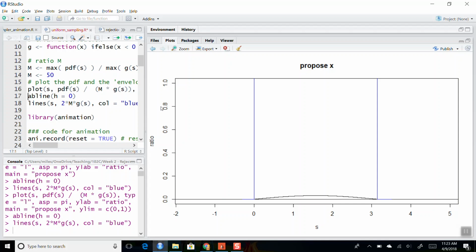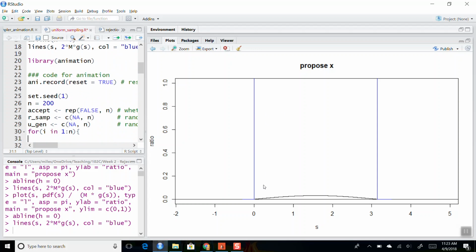Okay, so this is what it looks like, and basically I'm only going to accept if my u ends up below the curve. In the long run, it'll work. But what's happening is 99% of the values I propose are going to be rejected. That's the problem with using an M that's way too big.